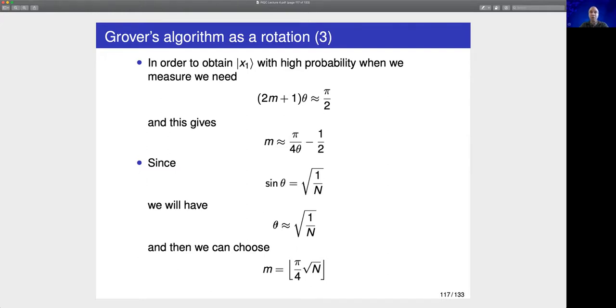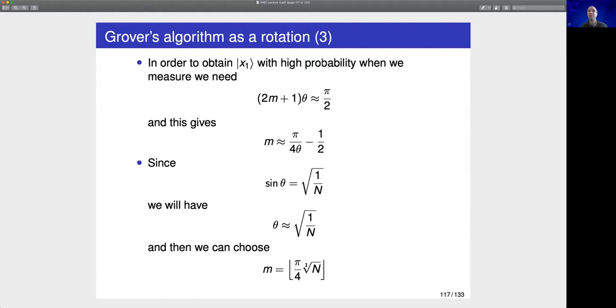Okay, so we will have that this sine is in fact very close to theta. So we can substitute theta with this value here, and round it to the closest integer to obtain the number of iterations that we need, which is going to be the ceiling of pi over 4 times the square root of n.